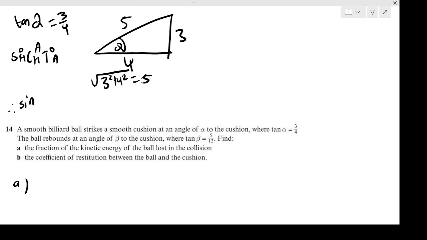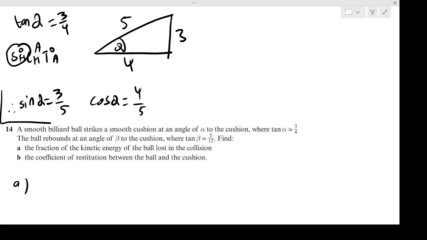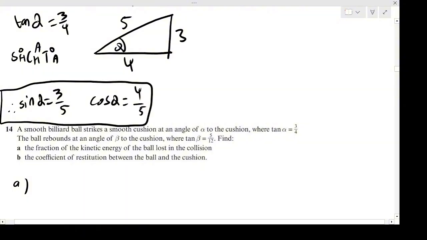Now that I've got my hypotenuse, I can work out sine and cos. Sine alpha is opposite over hypotenuse, so it's going to be 3/5, and then cos is adjacent over hypotenuse. So there we are, we've got sine and cos. I can do the exact same for the other angle, beta.